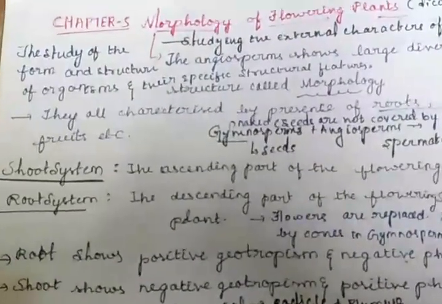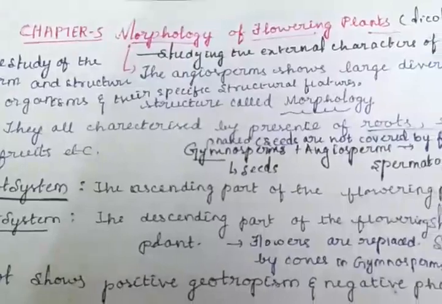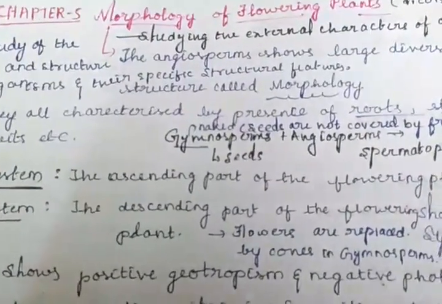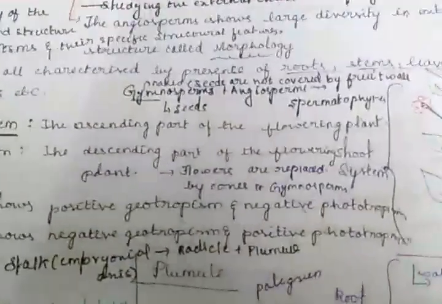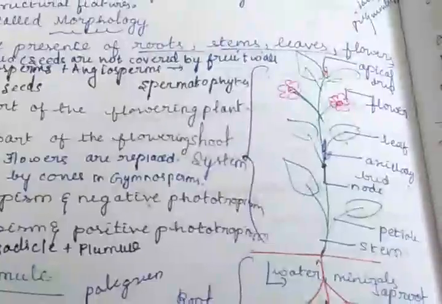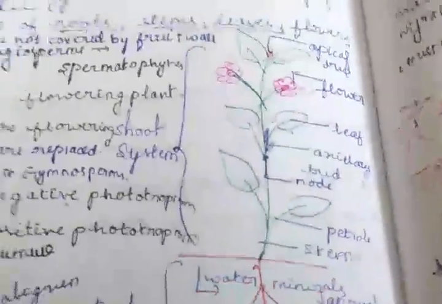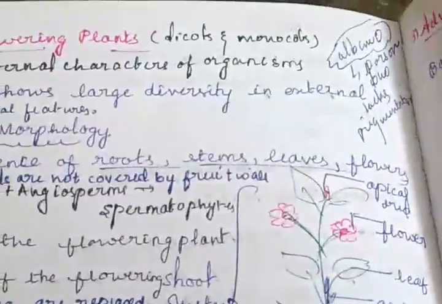The study of the form and structure of the specific structural features of angiosperms is called morphology. They are characterized by the presence of roots, stem, leaves, fruit, flower, etc. These are angiosperms. Okay, friends.